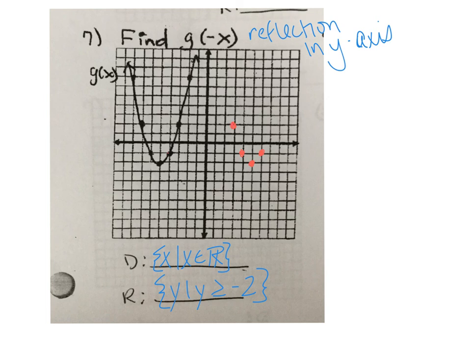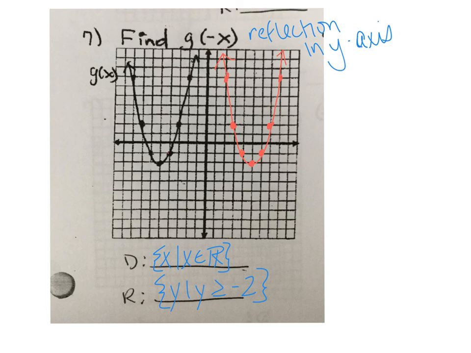This point is 3 away from the axis, so my other point is 3 away on the other side, right? Do you see how it's reflecting in this line? So here is a reflection in the y-axis.